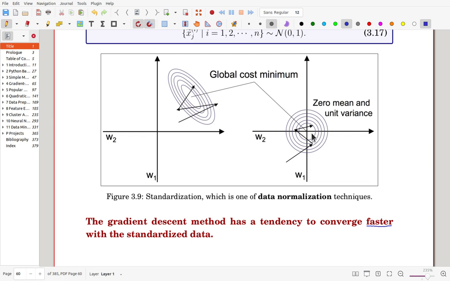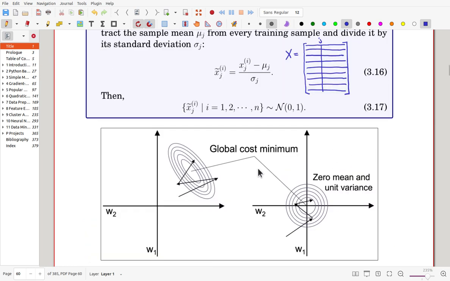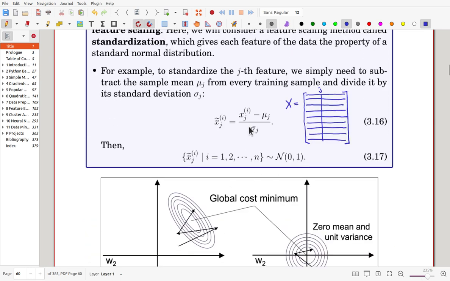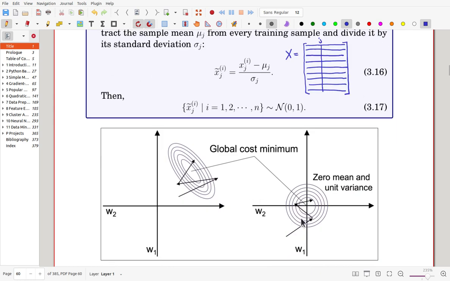Sometimes moving the center is allowed, or sometimes just the scaling is desirable, but you have to be careful. In some cases, it's not really beneficial.